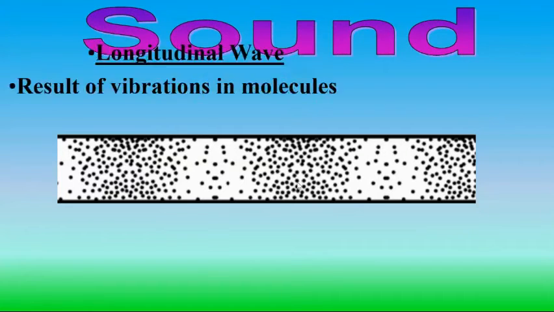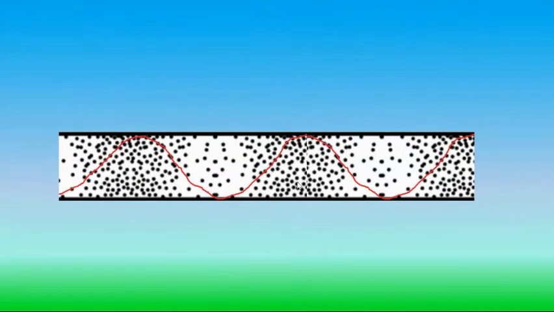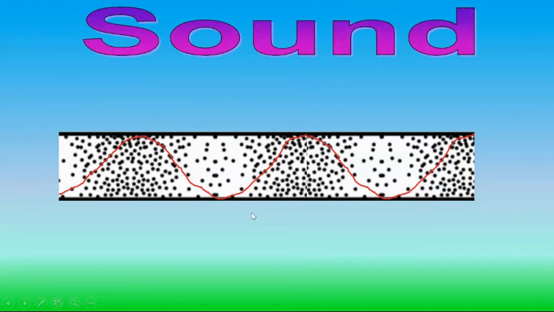A lot of times, it's easier to visualize what's going on if we draw a transverse wave on top of this. Okay. If we draw the transverse wave, it looks something like this, right? Where the high pressure is the crest and the low pressure is the trough.